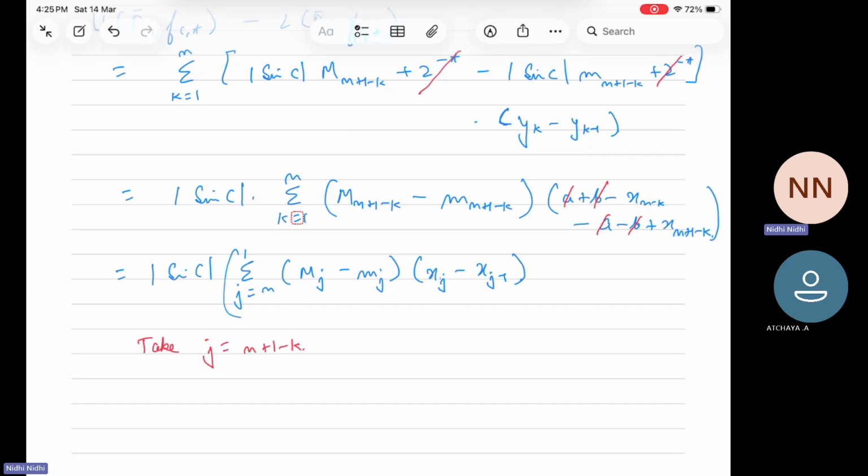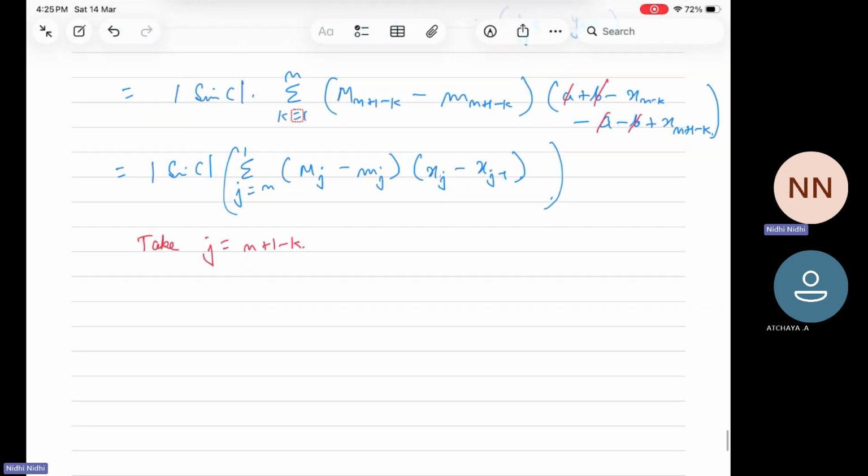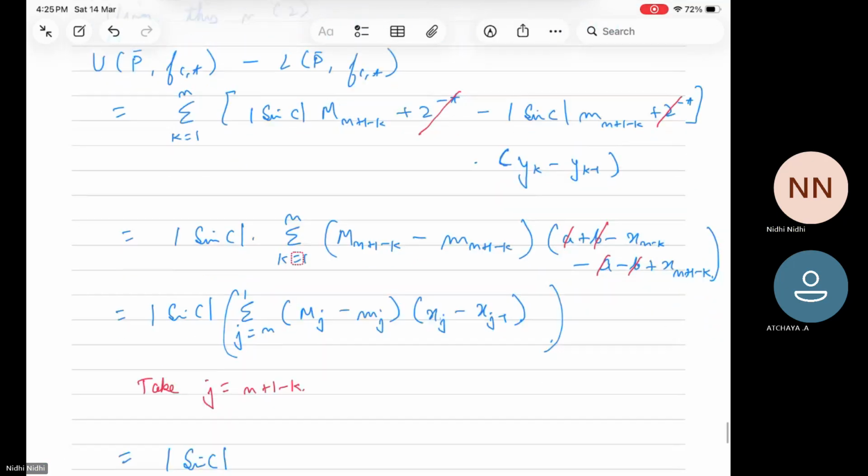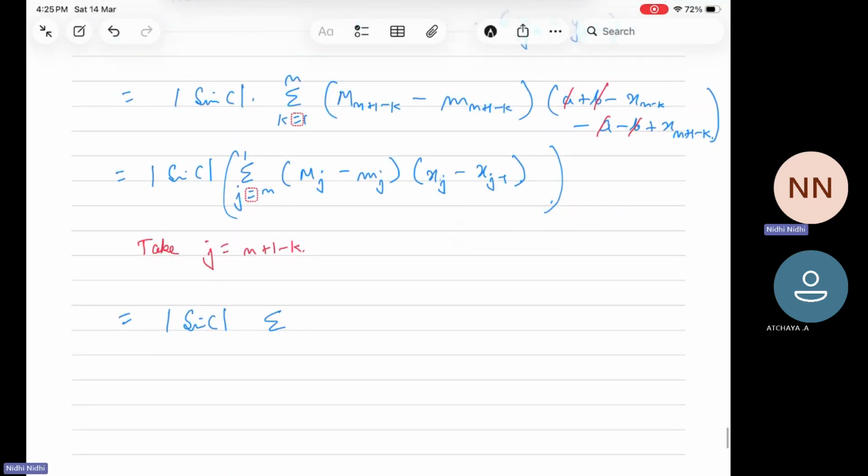Since this is just a finite sum, I can change the ordering. So I can write this to be equal to |sin c| times summation j from 1 to n, M_j minus small m_j, times x_j minus x_{j-1}.